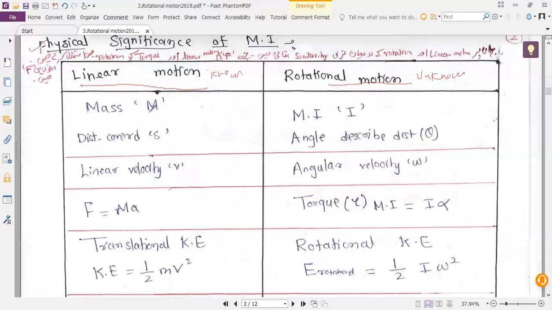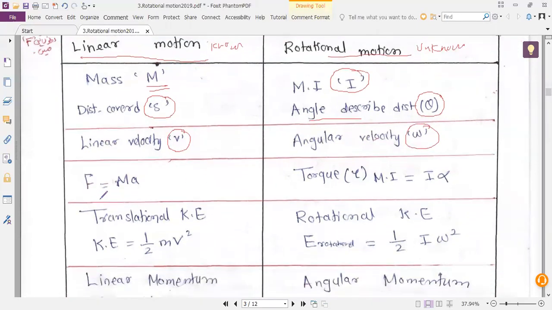In linear motion, mass is represented by m, but in rotational motion, mass is represented by the symbol I, which is called inertia. In linear motion, distance is represented by small s. In rotational motion, the distance is the angular distance, represented by theta. In linear motion, velocity is small v. In rotational motion, velocity is angular velocity, that is omega.